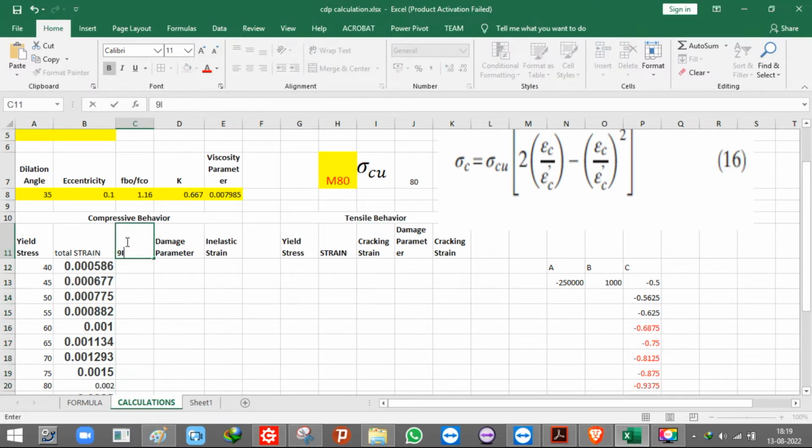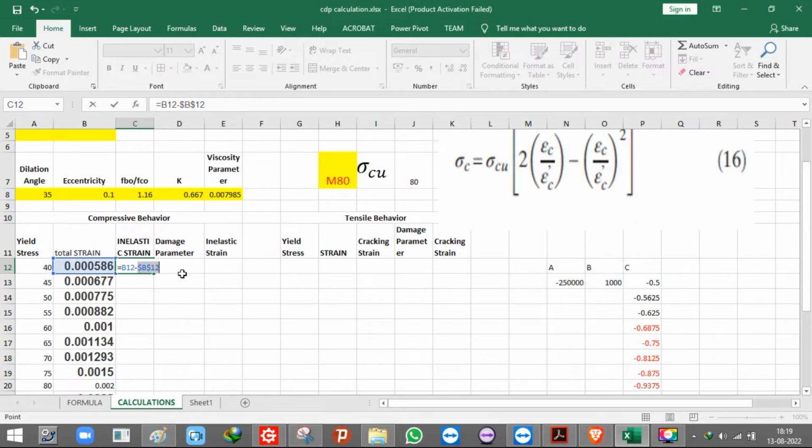Now I'll just write in elastic strain, inelastic strain. Now what will be the inelastic strain? This is my elastic strain minus this, and this will be constant, so I'll make it constant.